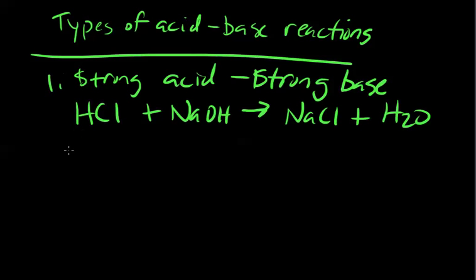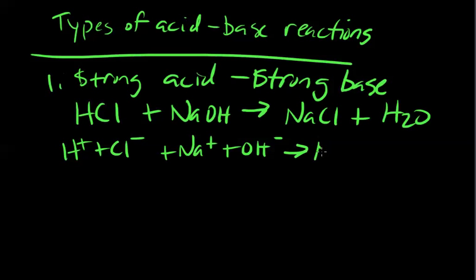So if we look at a total ionic equation, since these are strong acids and bases, our strong acid completely dissociates to hydrogen and chloride ions. Here we get sodium and hydroxide ions. On our product side, we'll have sodium ions plus chloride ions plus water.